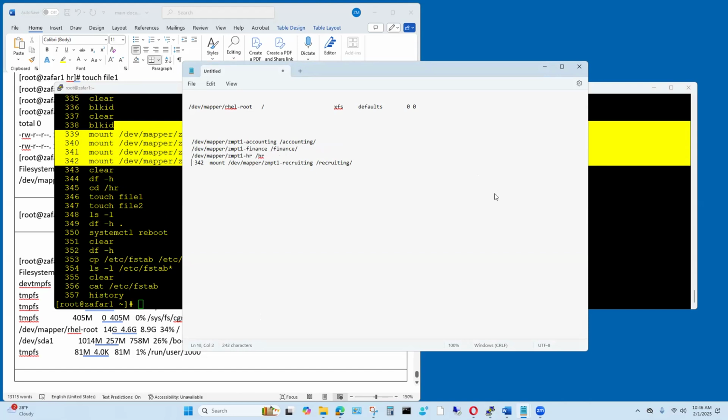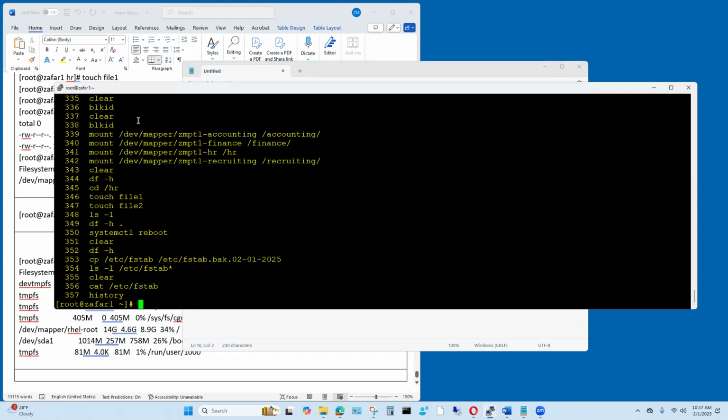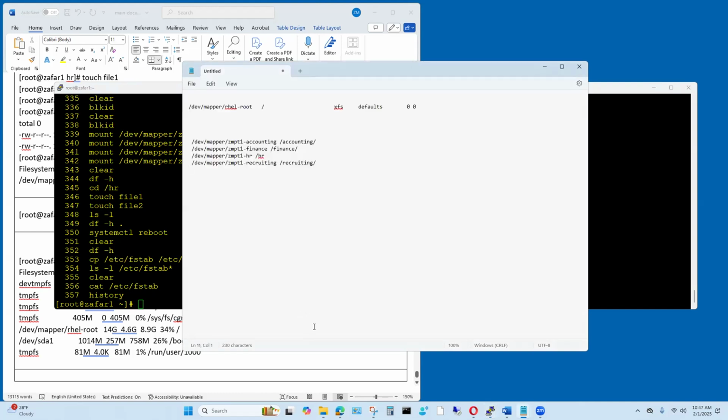So all we need is the folder information and the mount point. This is called the mount and this is called the mount point. The mount point is the folder that you are mounting it to.